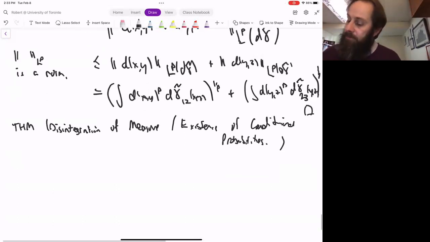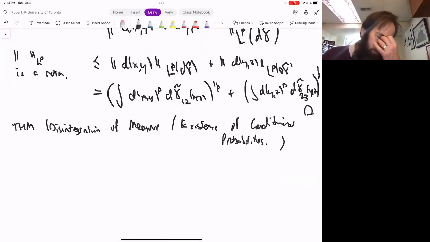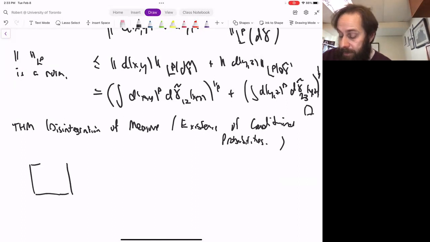Before I state the theorem, let me try to give some intuition. For example, in situations where you have the unit square, you might have area measure on it.